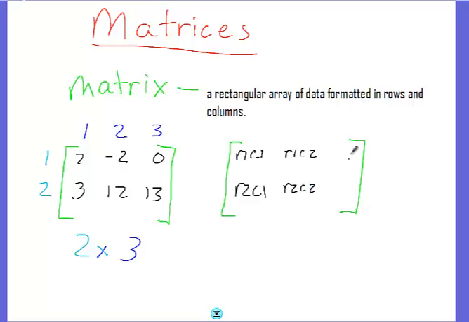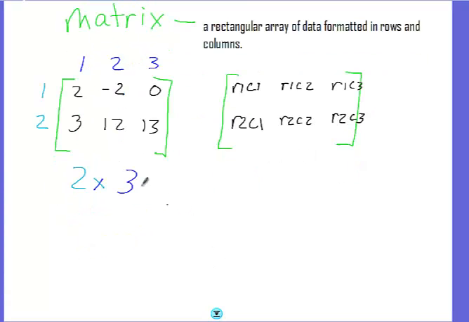It's really nothing crazy, but being able to understand this is going to help you guys out a lot in a couple lessons when we do matrix multiplication. You basically just read it the row by the column. So 0 is in row 1, column 3. 13 is row 2, column 3. Hopefully that makes sense.